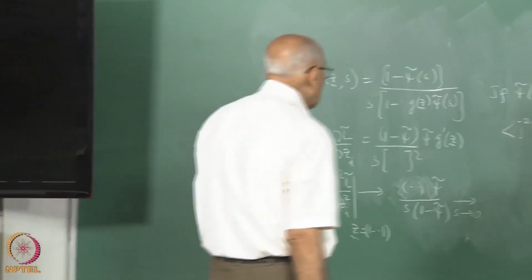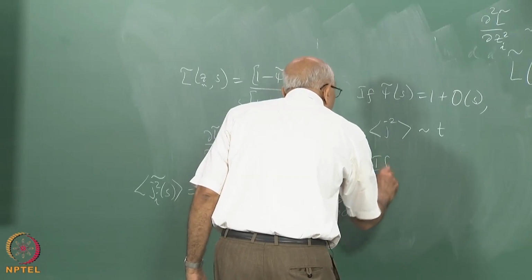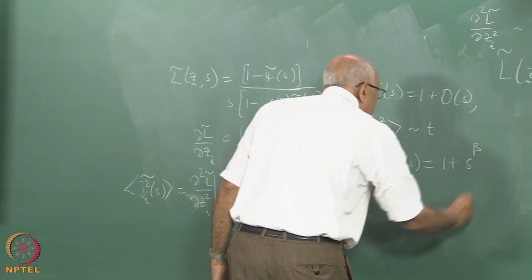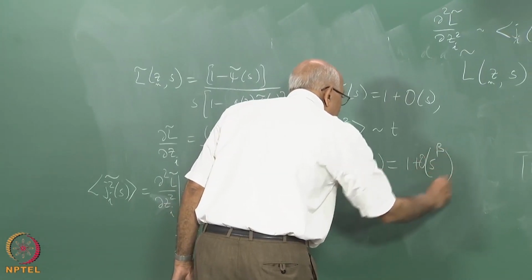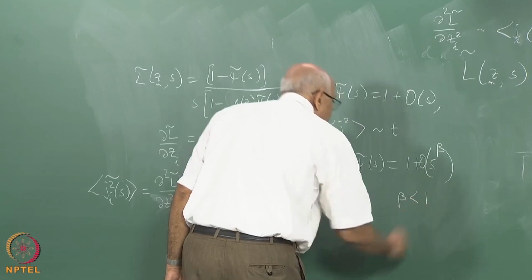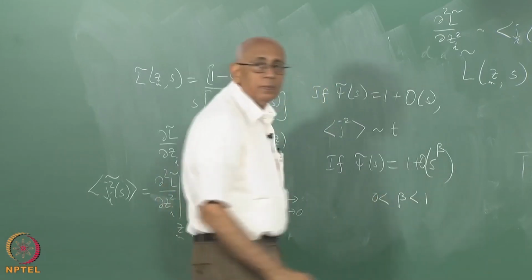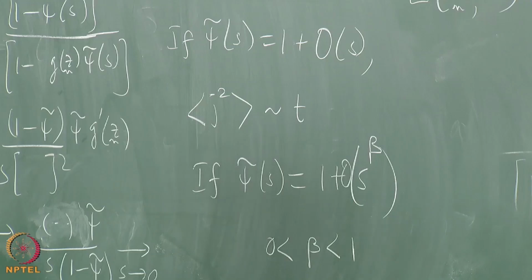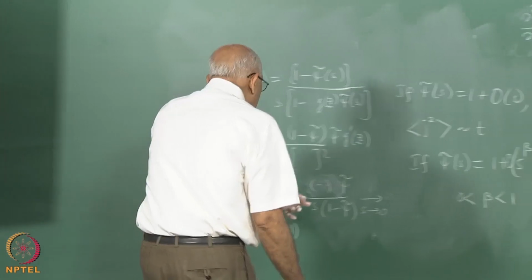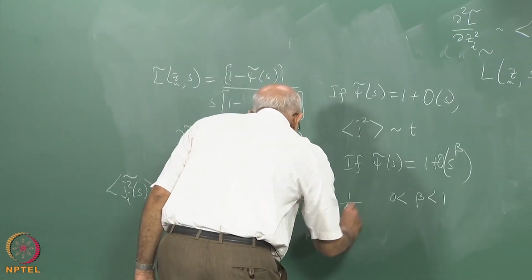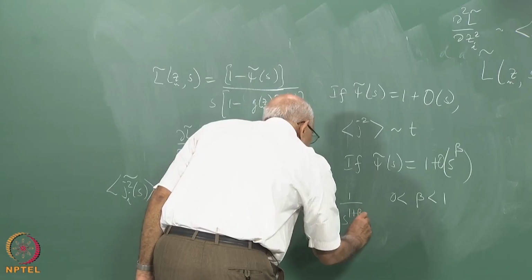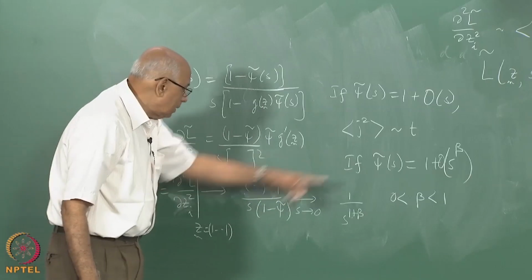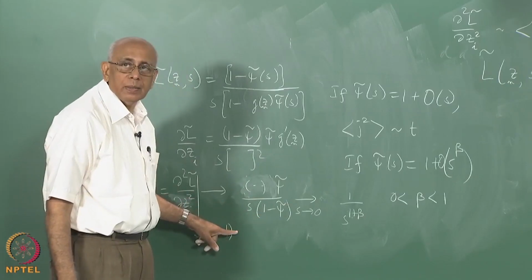But suppose it turns out that psi tilde of s equals 1 plus s to the beta, order s to the beta with beta less than 1, not analytic, like square root of s for example. What is going to happen is that this whole thing is going to go like 1 over s to the 1 plus beta, because this 1 cancels and you have s to the 1 plus beta.